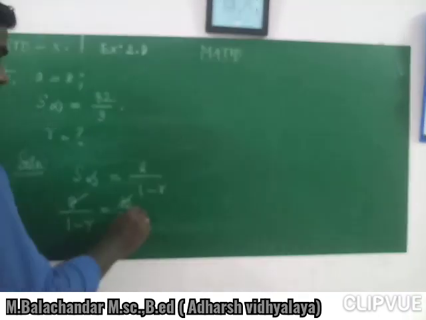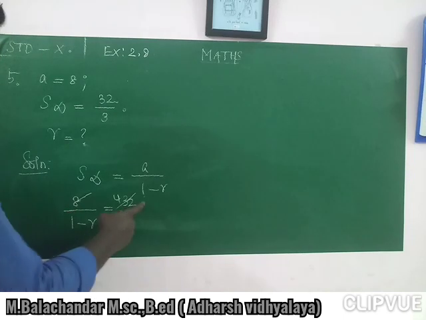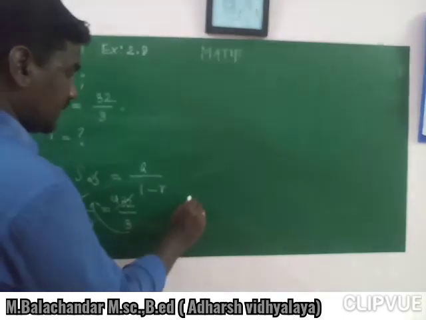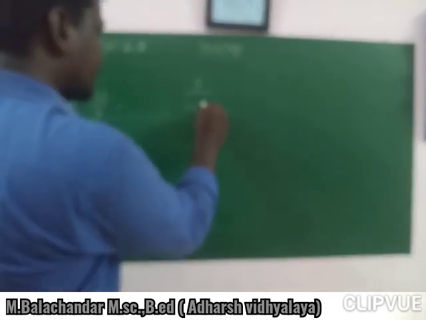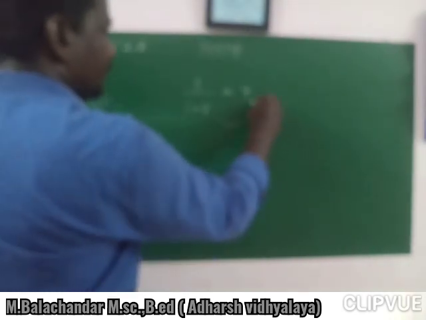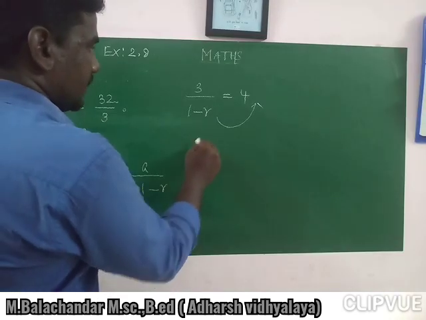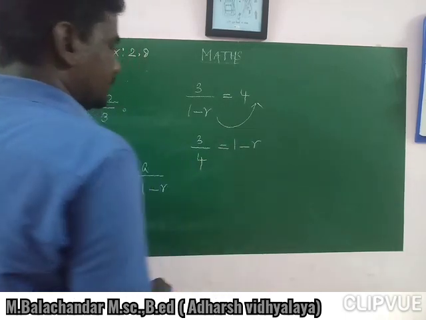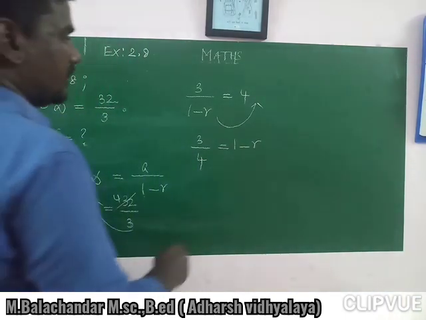We can cancel 8 and 32, 4 times, 1 time and 4 times. It becomes numerator, so 3 by 1 minus r is equal to 4. Taking the right hand side, it becomes denominator: 3 by 4 is equal to 1 minus r.